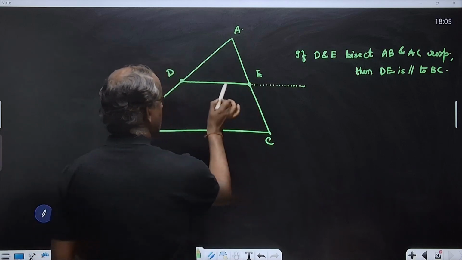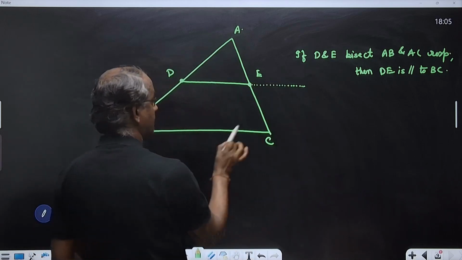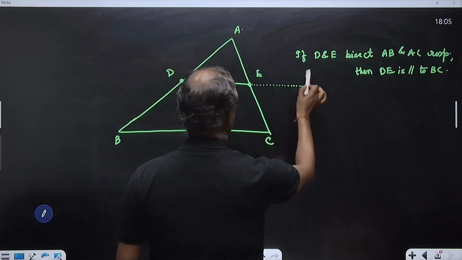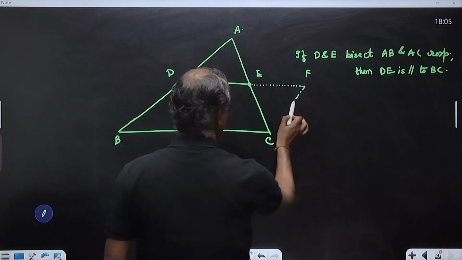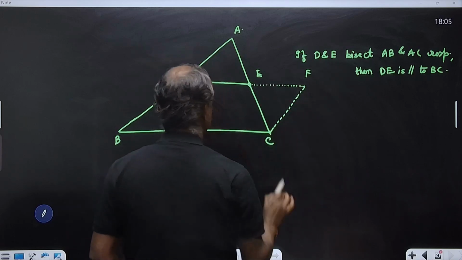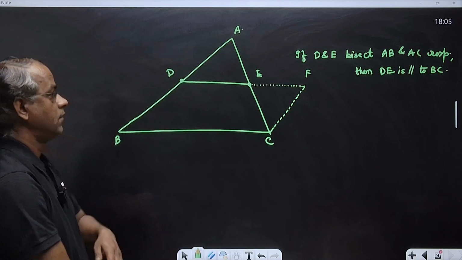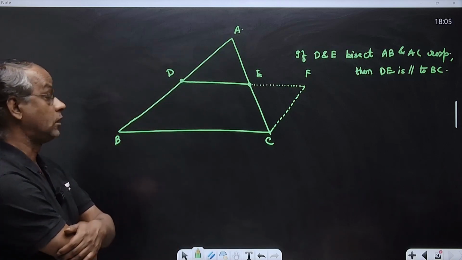We extend it to points at BC and say DE and EF are equal, and then we join it.